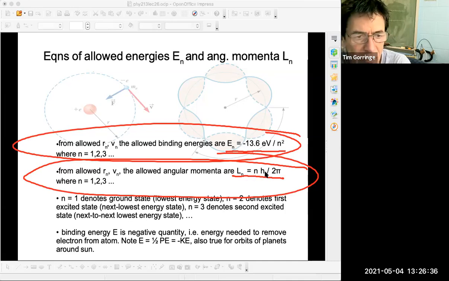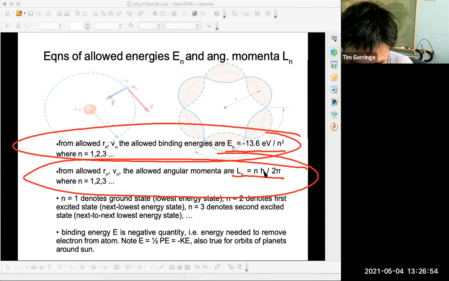So remember, Planck's constant is associated with the scale of the granularity of photons and the fuzziness of matter. And it sets the scale of the angular momenta of the electrons in an atom.